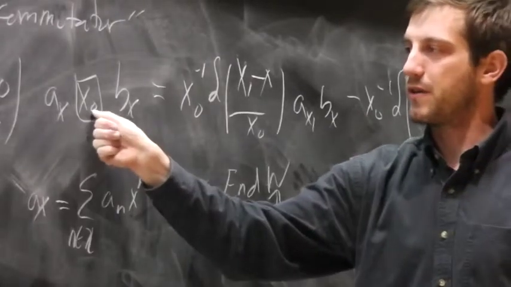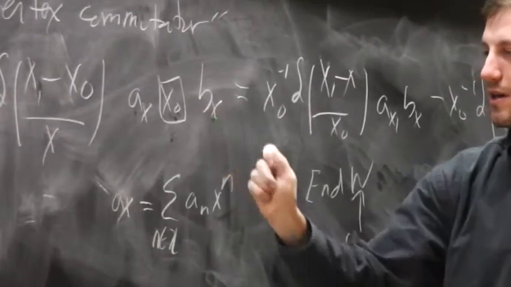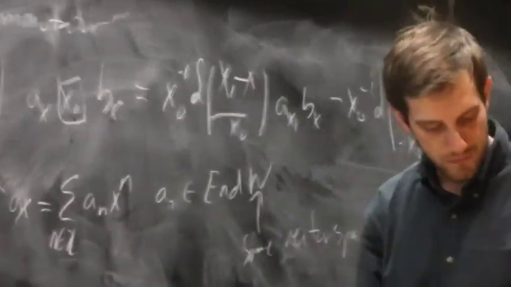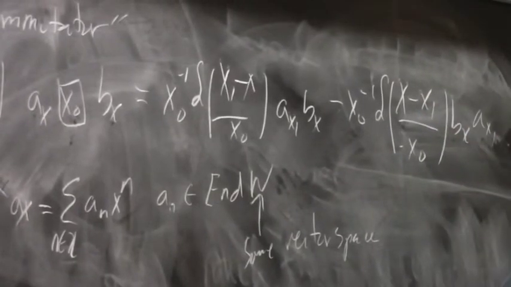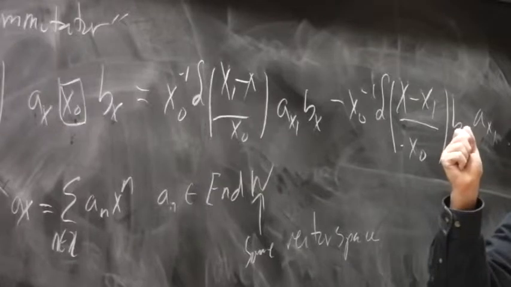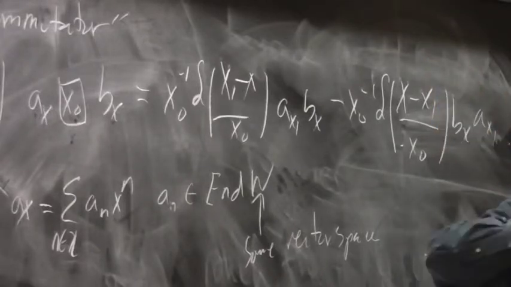So for each power of x0, I'm going to multiply one of these guys against one of these guys. And the elements I'm using are not morphisms anymore, they're parameterized endomorphisms. So you are parameterizing all the elements with one parameter. So sometimes we'll talk about this as going from a point to a string or something like that. The parameter moves you along a string.